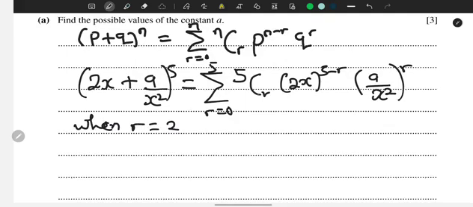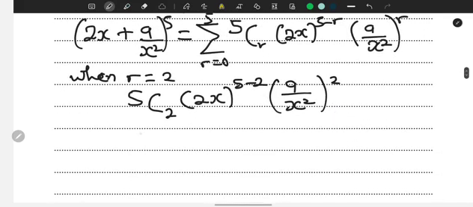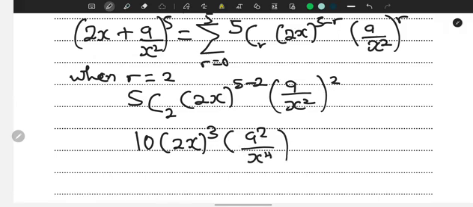So when r is 2, you make use of 5 combination 2, then 2x raised to the power of 5 minus 2, then a over x squared raised to the power of 2. 5 combination 2, that's 10, then you have 2x raised to the power of 3, and this is a squared over x to the power of 4.